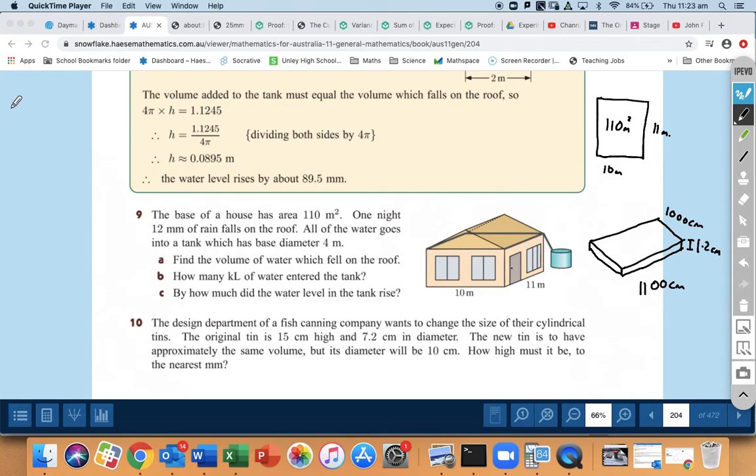So what I could do is work out the volume of rain that's been collected as length times width times height, and that would be 1,000 times 1,100 times 1.2. My answer will be in cubic centimeters. So I go to the calculator.